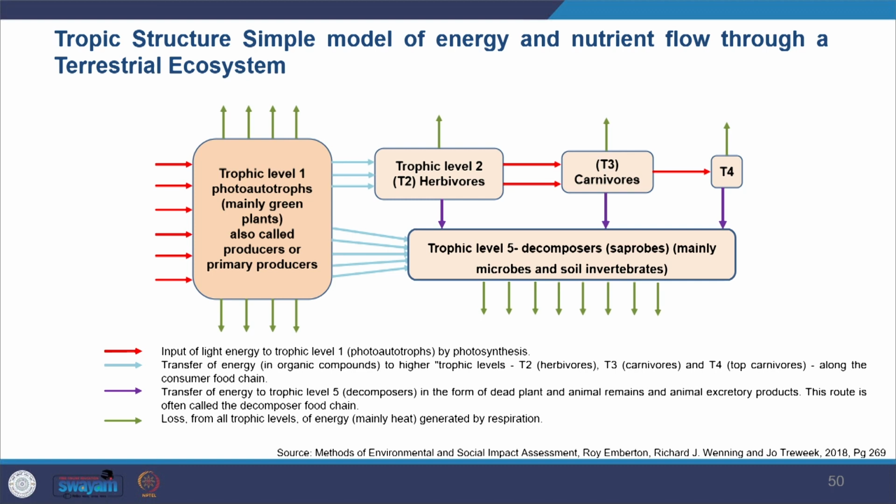And you see how the transfer takes place from the T3 level, carnivores, followed by T4 and T5. So you see how they are interdependent and how one system is supporting the other one. This understanding is important, but it can take years of study.